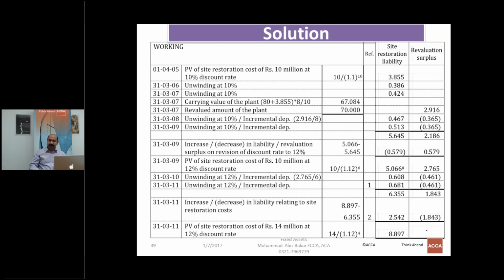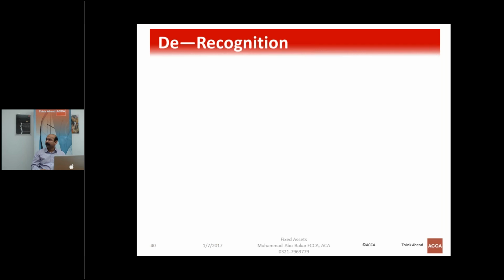The important thing is you need to learn when there is an increase and when there is a decrease. What should be the journal entries? Once you are comfortable with the journal entries, the rest is easy. That is not an issue. Okay.